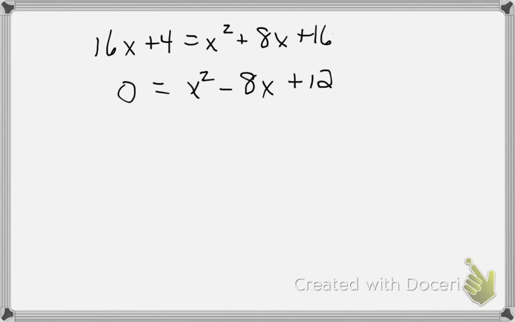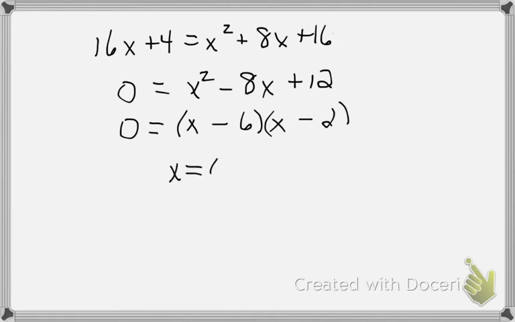You guys with me? x and x, that's our only choice. What do you want to try for 12? 6 and 2. 6 and 2 works if it's minus minus. Does the last check out? Negative 6 times negative 2 is positive 12. So we get x equals 6, x equals 2 as our potential solutions.